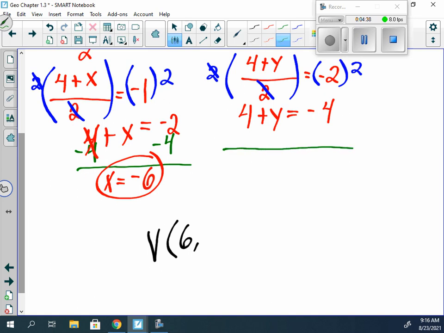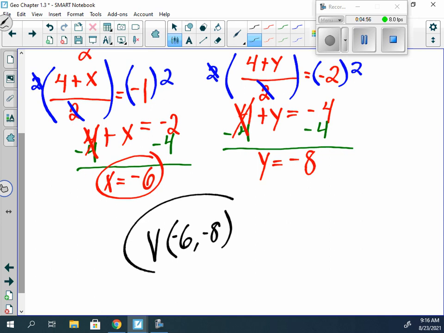What would we do next? Yes. 4 minus 4 is 0, which leaves us with y is equal to -8. So our other endpoint V will be at the point (-6, -8). And that's all we have to do for this. Questions on any of this?